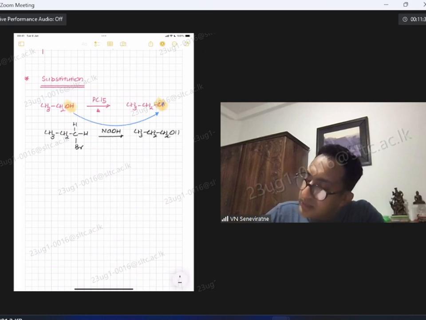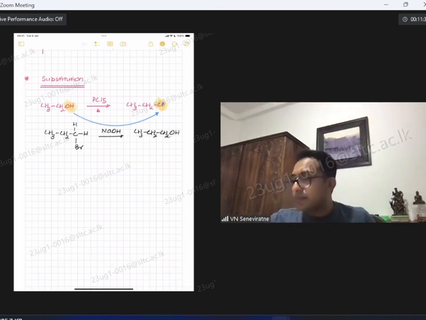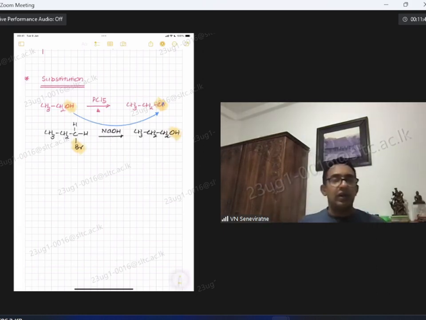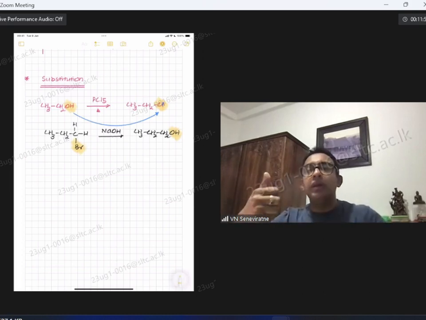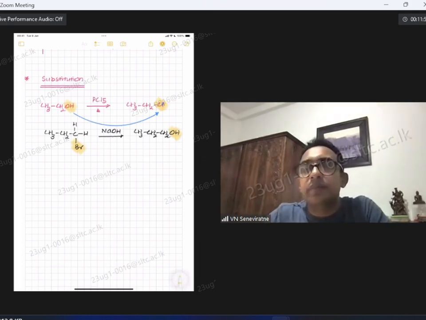Now look at the difference here. You have a Br here, and that Br is the one that has changed to OH. Otherwise, the carbon skeleton is the same. CH3 is there, CH2 is there, the next CH2 is also there. But the Br is gone, it's replaced with OH.